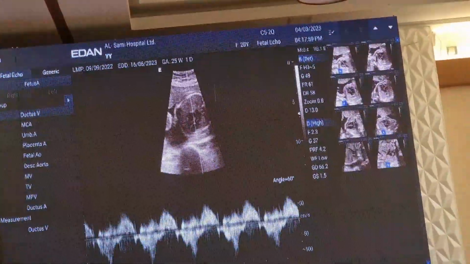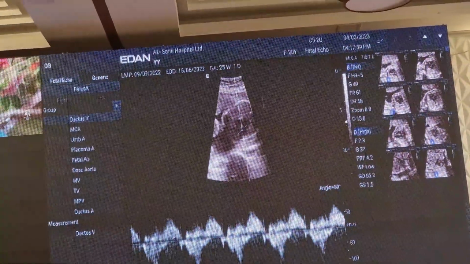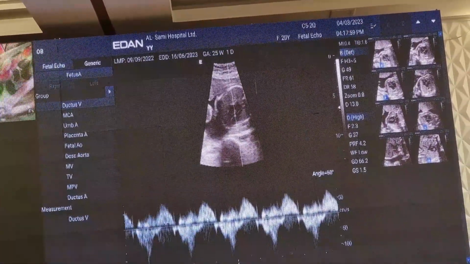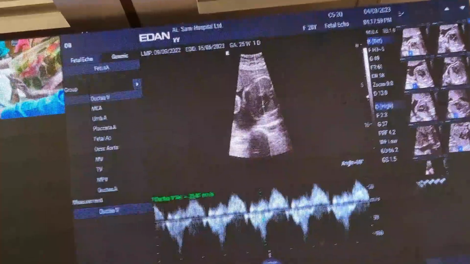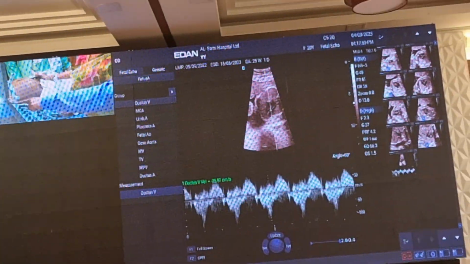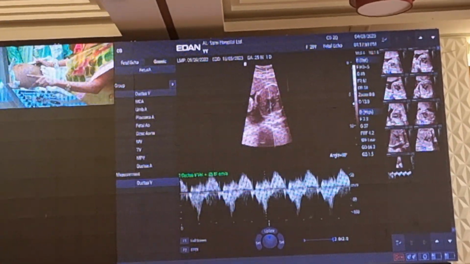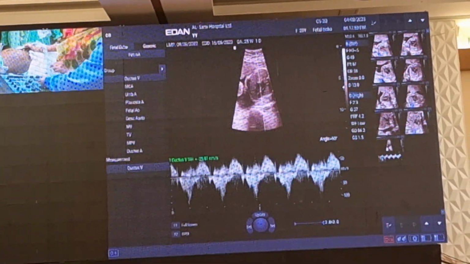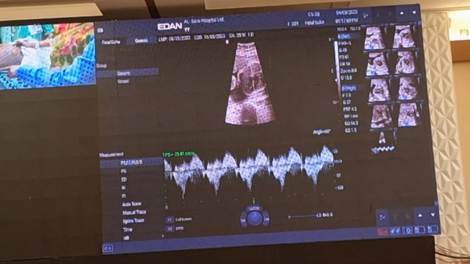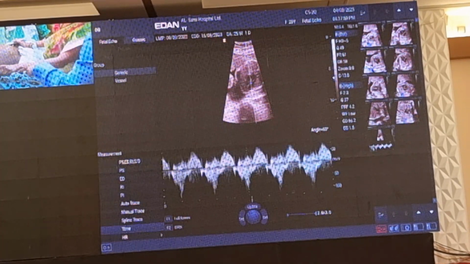How do you work out the cardiac function? Again, we have the same waveform. I need the time calculation. Okay.